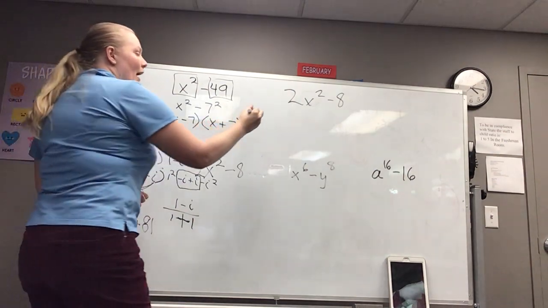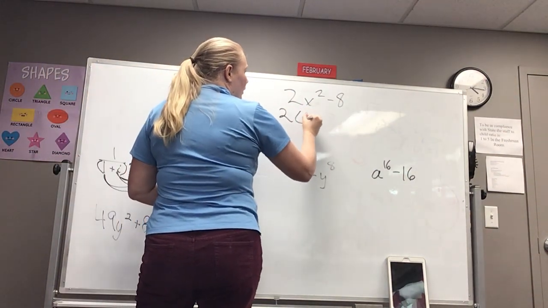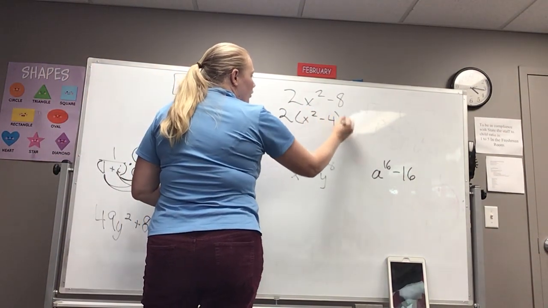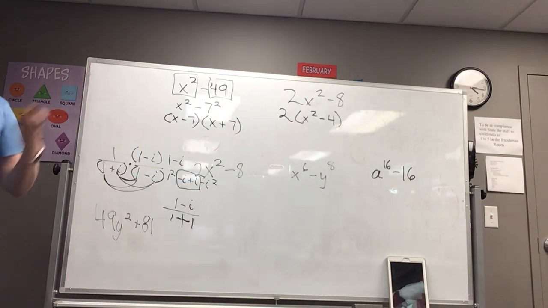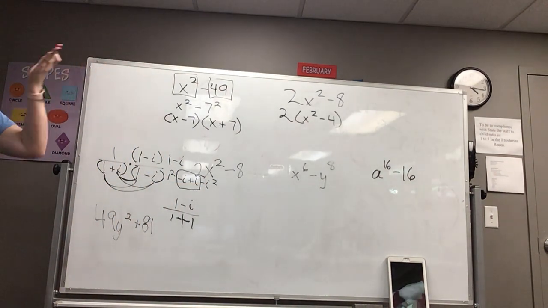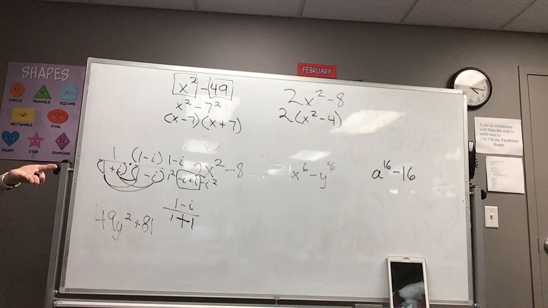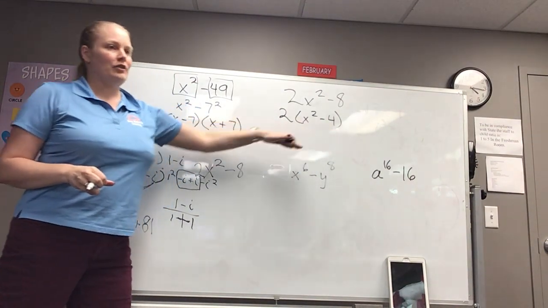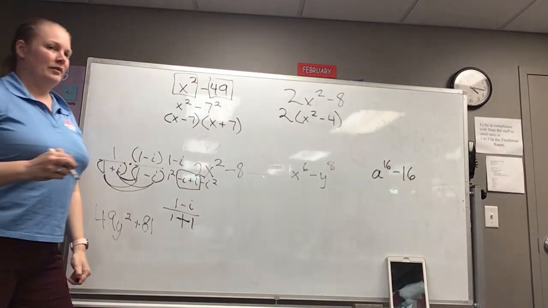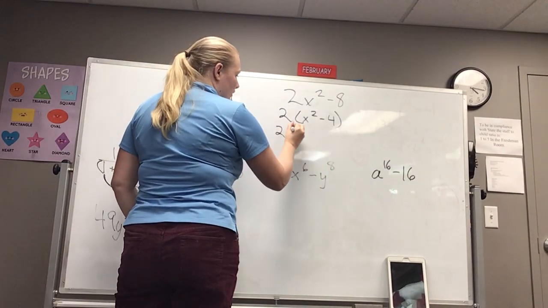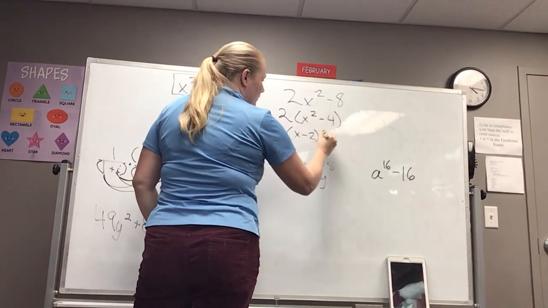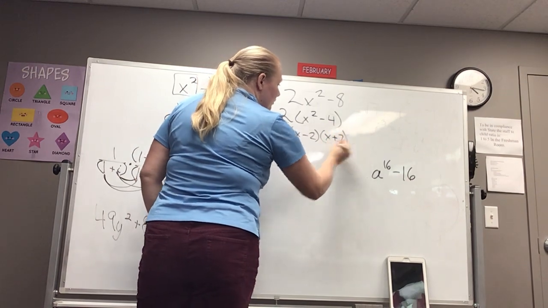So we can bring 2 out, and we're left with x squared minus 4. x squared and 4 are both perfect squares. And so what would this piece factor to? x minus 2, x plus 2. Yeah, so the 2 hangs out, x minus 2, x plus 2.